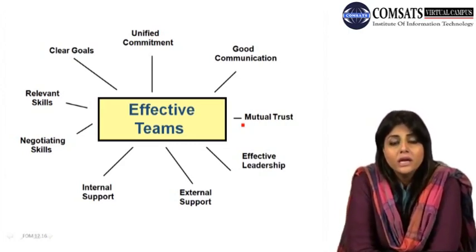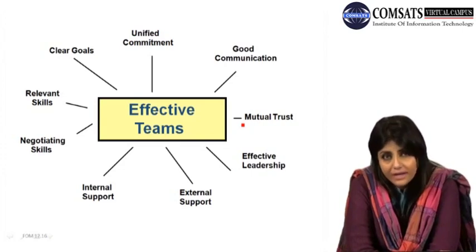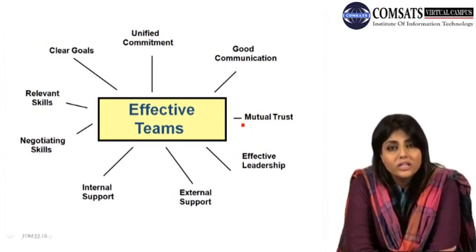Then the next step is how teams can be effective, or what are the criteria that make certain teams effective. The first thing is that for a team to be effective, it needs to have clear goals. Clear goals should be set for the team and for the individuals in the team. They should know what the team is up to.